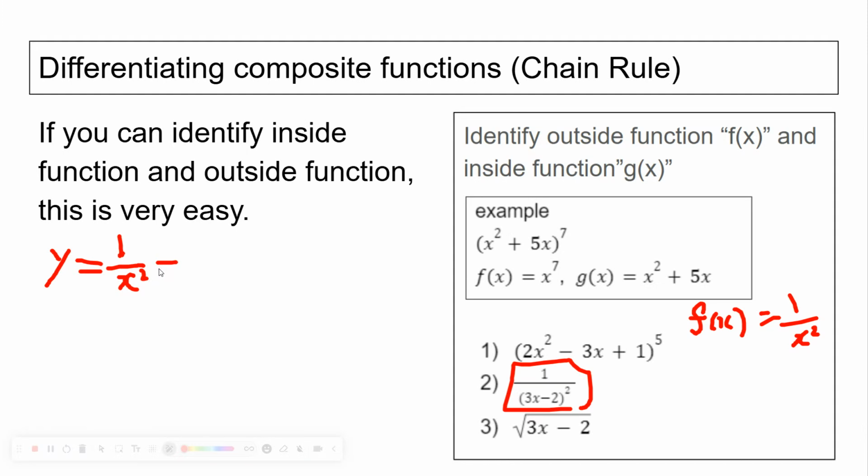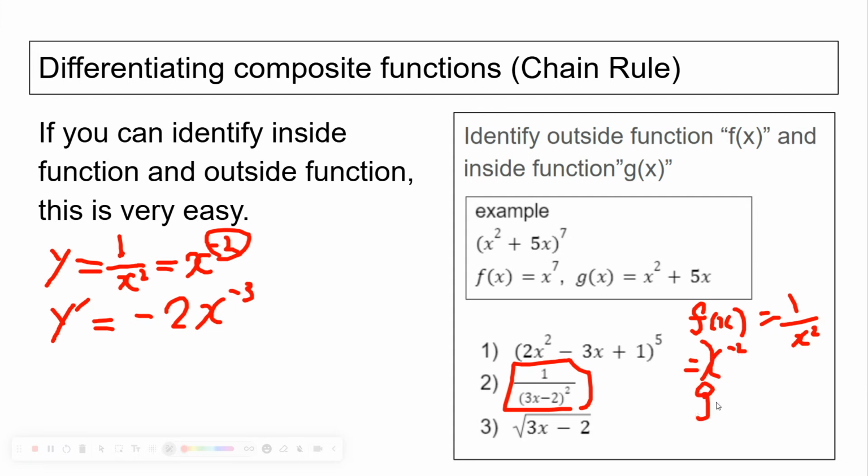We always change this form into powers form, wasn't it? So that you can differentiate easily. Negative 2 and x to the power, and then take 1 away from negative 2, which is negative 3. So the outside function should be x to the power of negative 2, and the inside function is 3x minus 2.